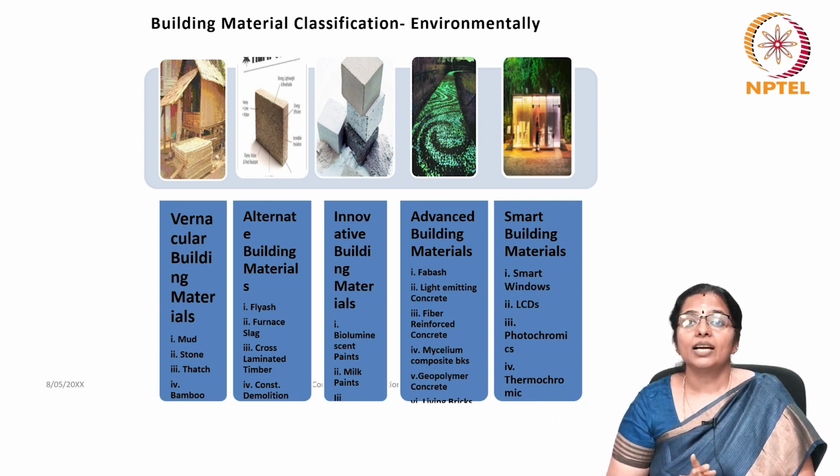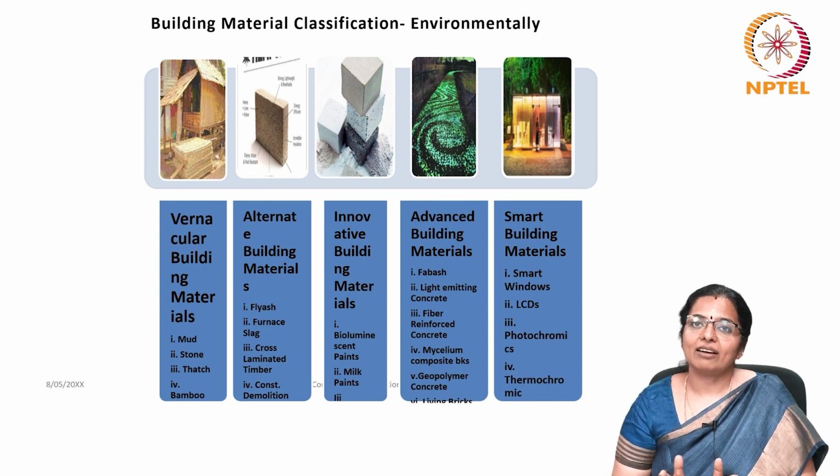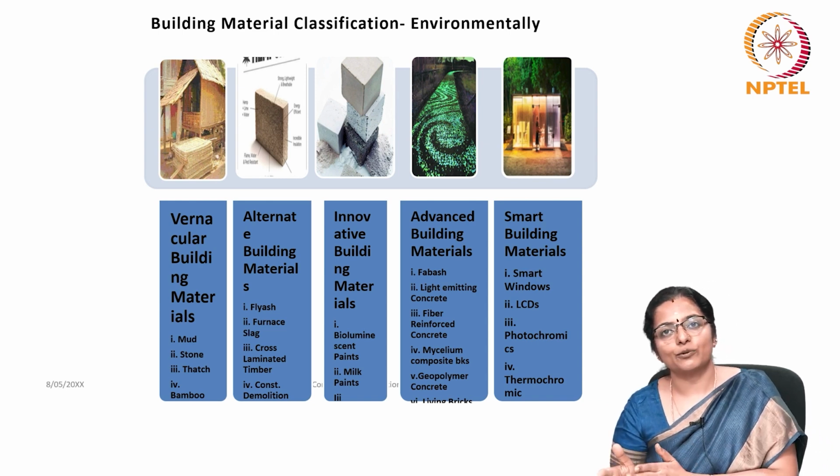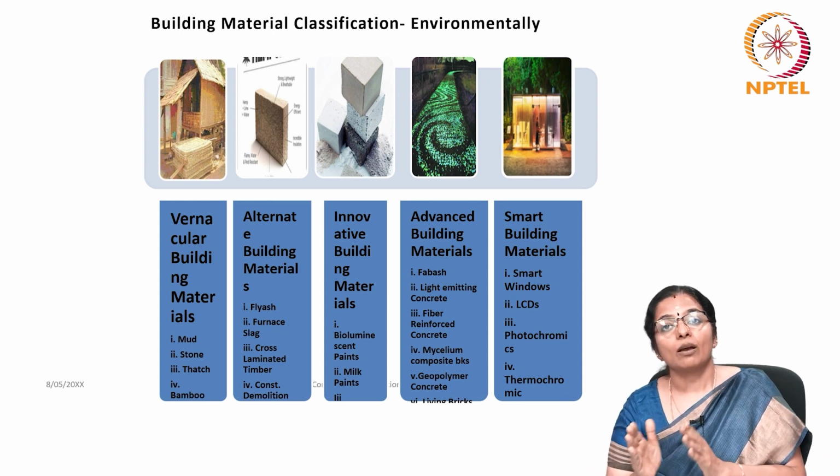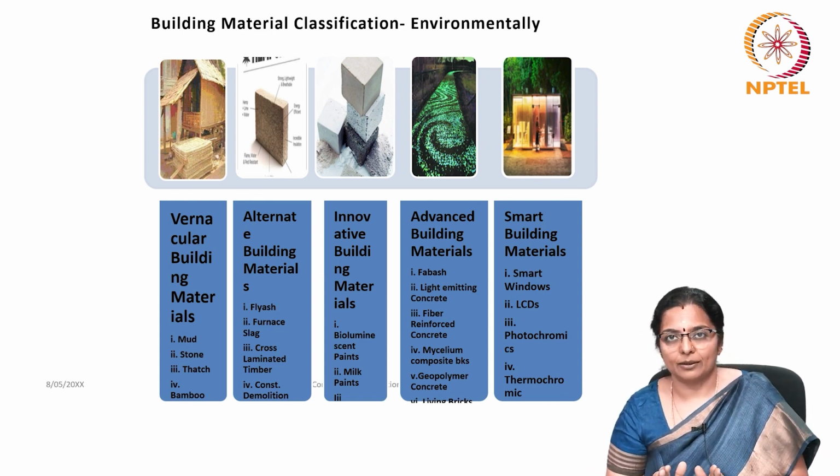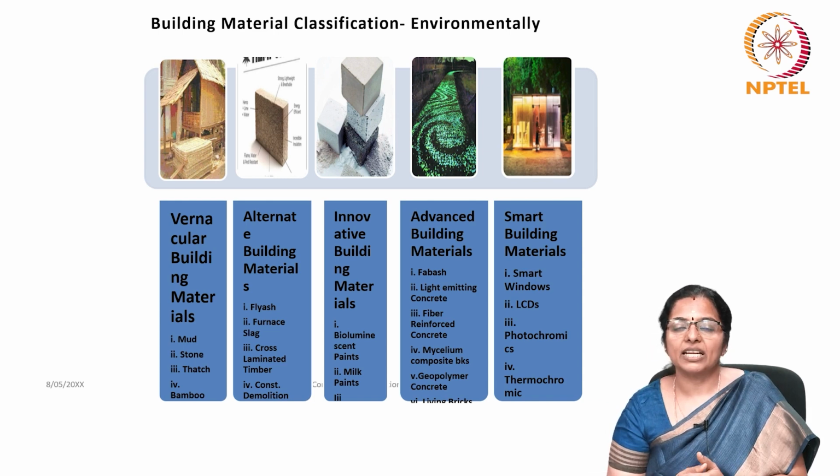So, in this course, I have tried to tell you that there are these various types of building materials which are non-conventional. These are not building materials which we use normally.